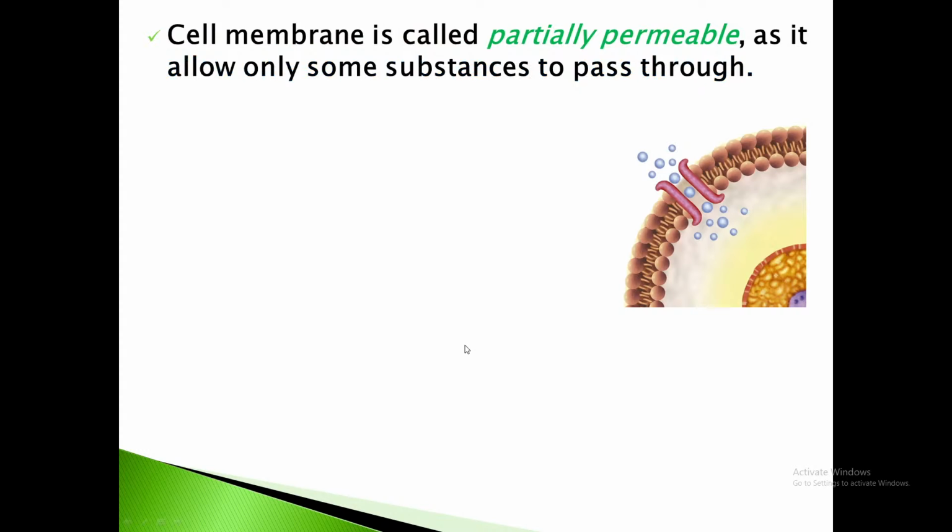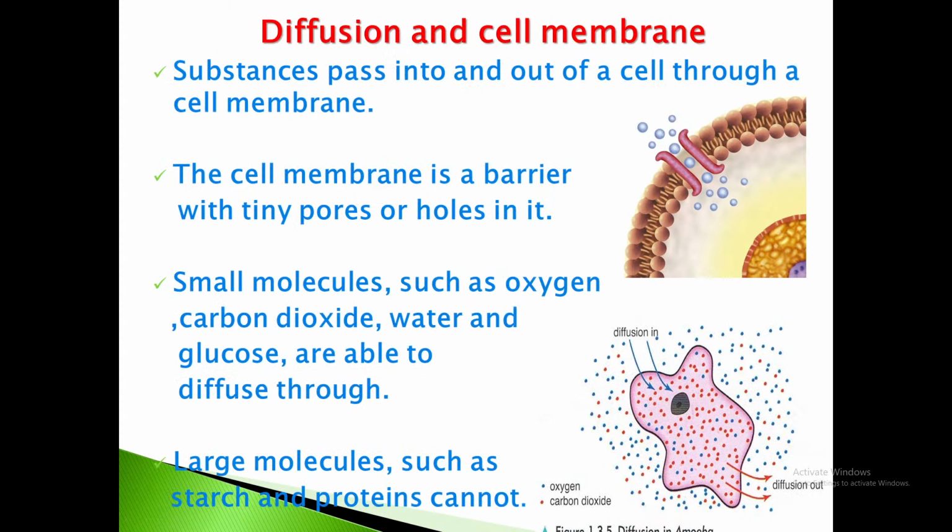Alright, the cell membrane, we normally call a partially permeable membrane, or some textbooks will say semi-permeable membrane. We classify it as partially or semi-permeable simply because it only allows some substances to pass through. Looking at the last two pointers, the small molecules such as oxygen, carbon dioxide, water, and glucose can pass through the cell membrane.